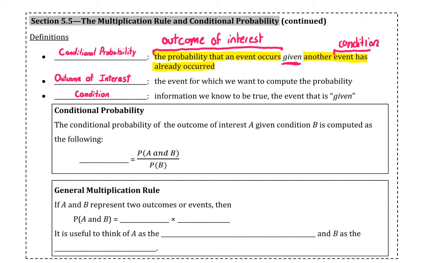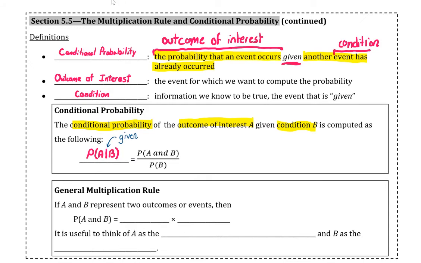To calculate the conditional probability of the outcome of interest A given condition B is computed as follows. Now, the notation we use for a conditional probability is written as the probability of A given B. Here, the vertical line is interpreted as the word given.